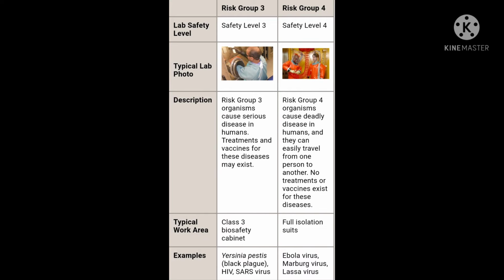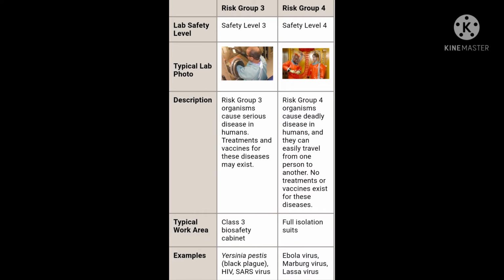The examples of microorganisms under risk group 3 include Yersinia pestis, which is responsible for the Black Plague, the human immunodeficiency virus, and even the severe acute respiratory syndrome virus or the SARS virus.